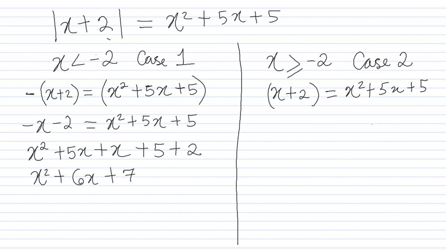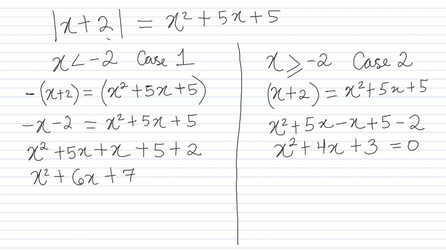So you end up with x squared plus 5x minus x plus 5 minus 2. So you end up with x squared plus 4x plus 3 equals 0.